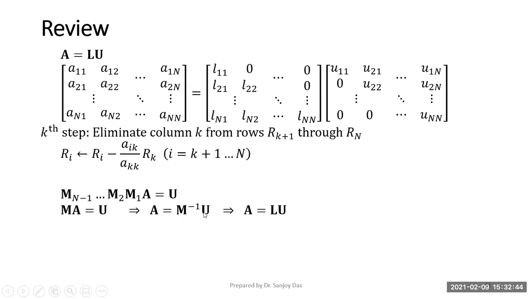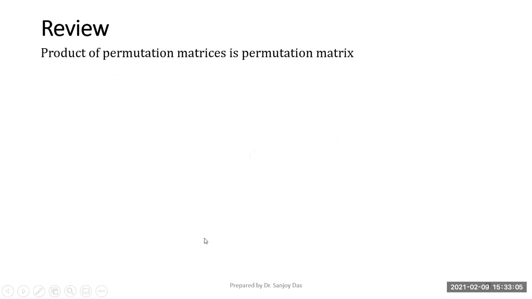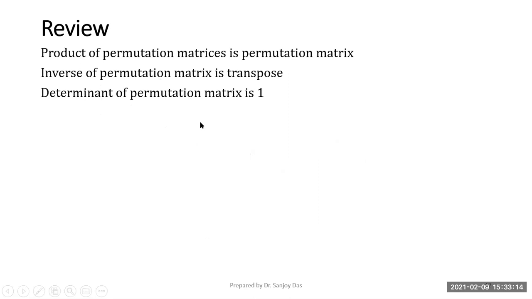Since the inverse of a lower triangular matrix is also lower triangular, in effect, what we have is A equals LU, where L is M inverse. Product of lower triangular matrices is lower triangular. Inverse of a lower triangular matrix is also lower triangular. Product of permutation matrices is a permutation matrix. Inverse of a permutation matrix is its transpose.